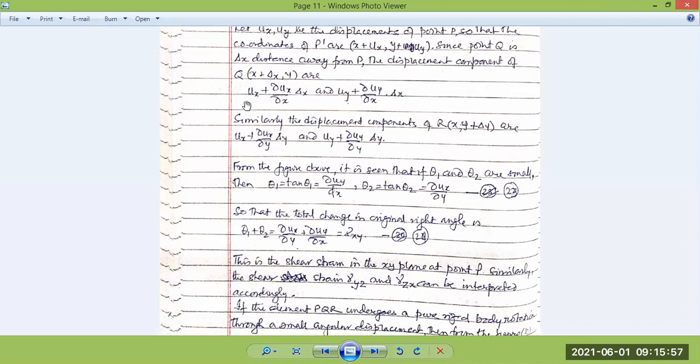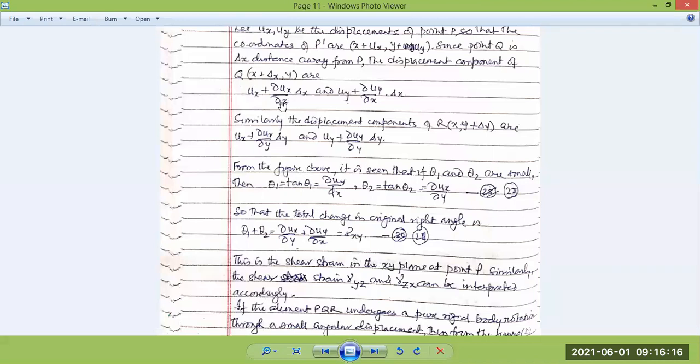Similarly, the displacement components of R, at x and y plus delta y, are ux plus delta ux by delta y into delta y, and uy plus delta uy by delta y into delta y.